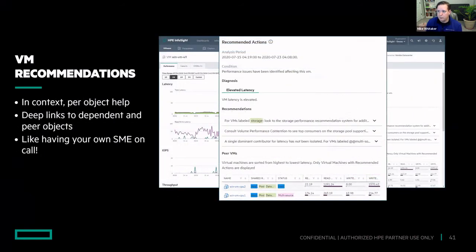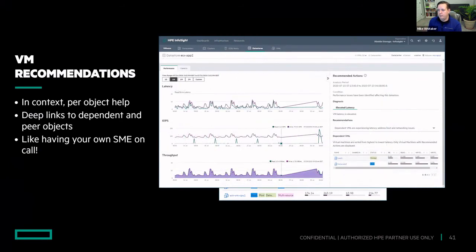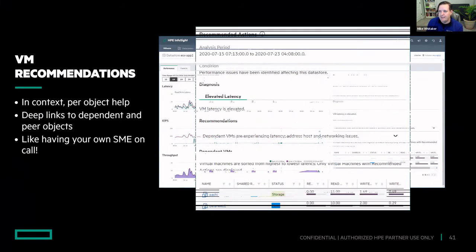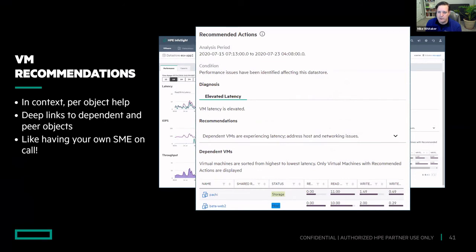Now, when we're working with those VM recommendations, let's say I did have an under-provisioned or over-provisioned CPU on a virtual machine. When I click into it, it's going to give me a lot of really good information. Not only, as you can see here in the background, what my latency or my IOPS or my throughput was for that virtual machine, but also under the recommended actions, it's going to show me which other virtual machines in the environment it is affecting.